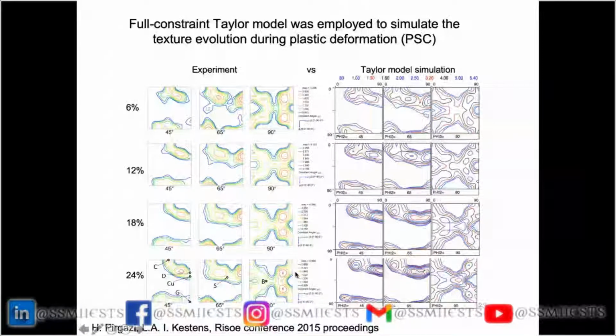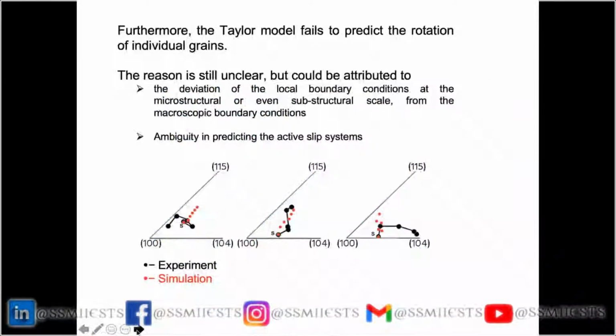However, individual grains may show a totally different behavior. Not all of them. So here, these are for single grains. For example, you may have here a grain that, so the black path is the experimental behavior and the red path is the model behavior. For some grains, it corresponds very well.